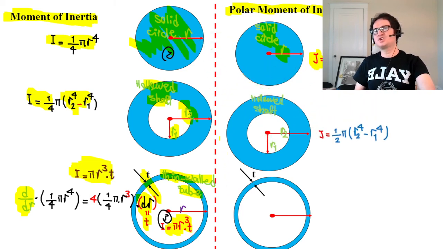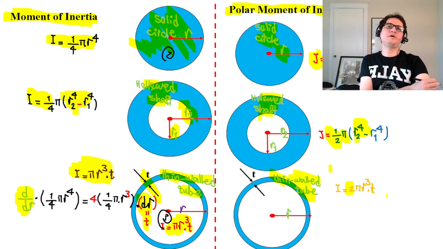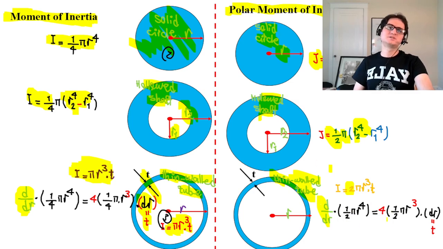For the hollowed shaft, it's a half of pi times r2 to the power of 4 minus r1 to the power of 4. And for a thin wall, again, this time it's 2 pi r cubed times t. And why is that? Again, you can make a derivation from the very first one, which is a half of pi r to the power of 4. So it just gives you 2 times pi r cubed times t.